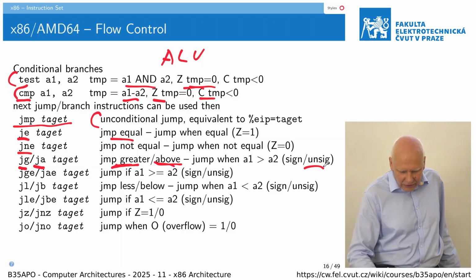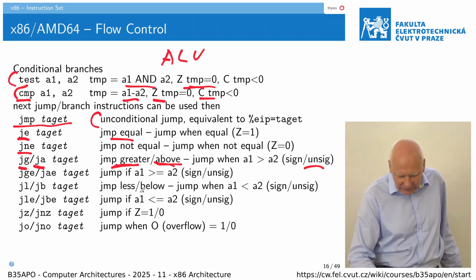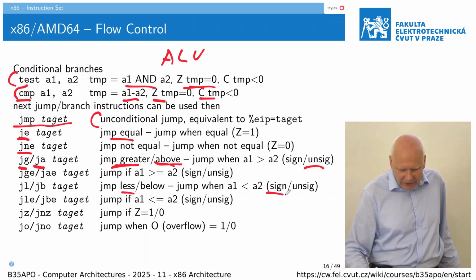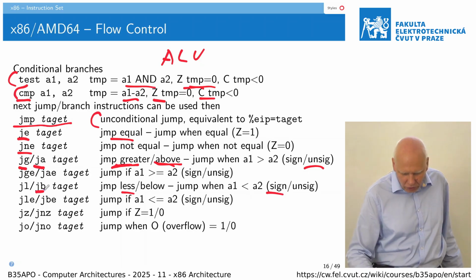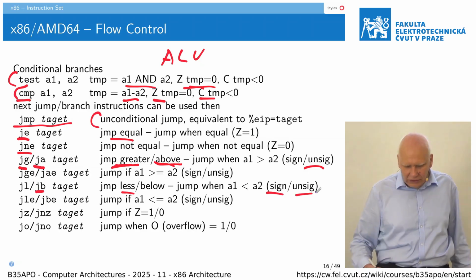Or you can jump if it is greater or equal, or above or equal. Or you can branch if it is less, where less is the signed variant, or branch on below, which is the unsigned variant.